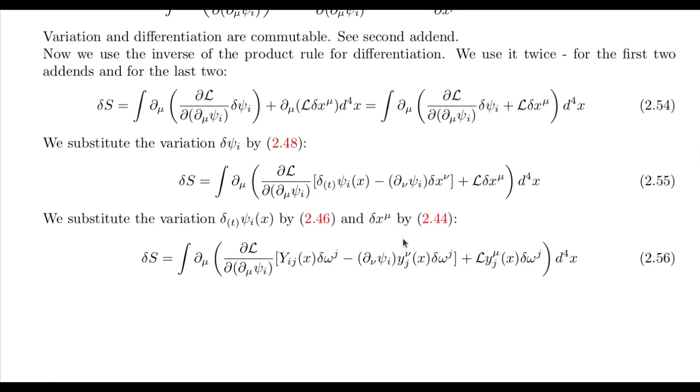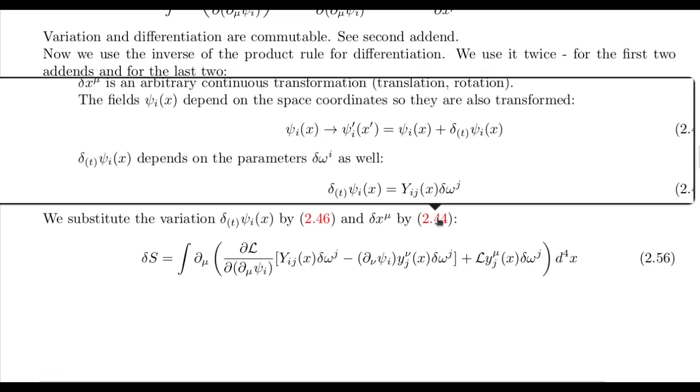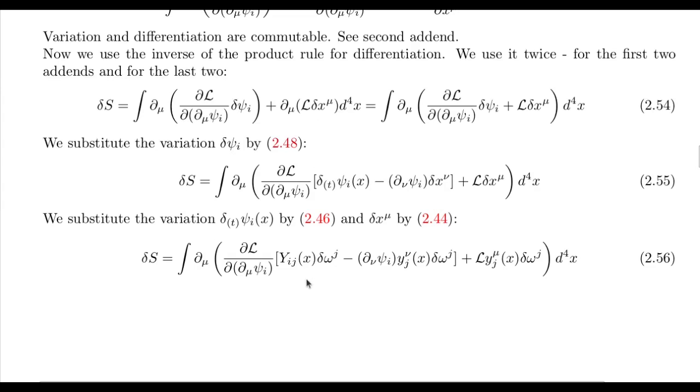Now we substitute the variation of psi, the total variation, and the delta x then, and so we get here the Y matrix. So we have here now the Y matrix, and instead of the delta x, here the small y and delta omega.